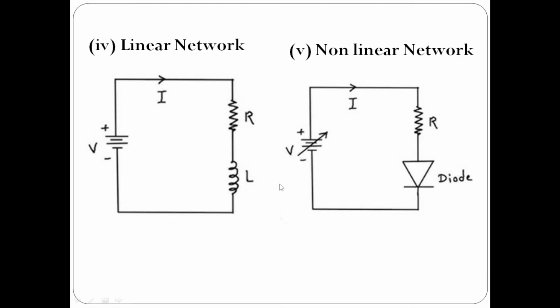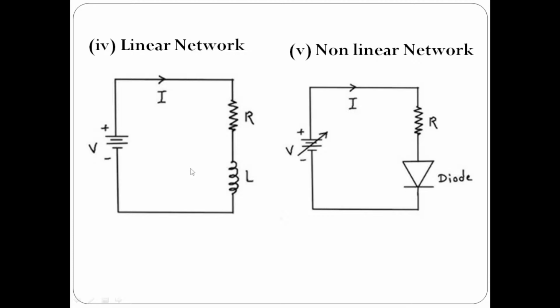They obey Ohm's law. I hope you remember Ohm's law. So such networks in which the elements are RLC elements are known as linear networks.